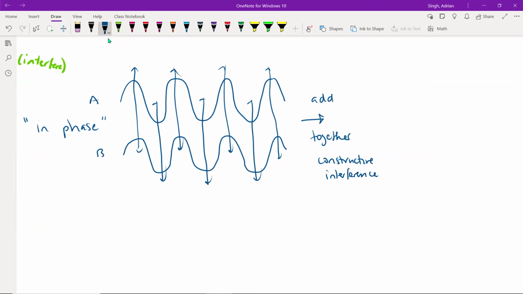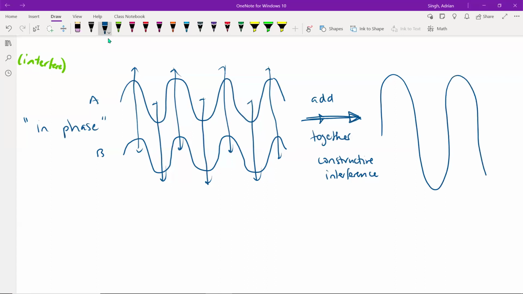So what happens then if we add the peaks together and the troughs together? Well, guess what happens to the size or the amplitude of the resulting wave, right? The amplitude increases. It's now one bigger wave, right? So now the amplitude is much larger than it was in either of the first two cases.